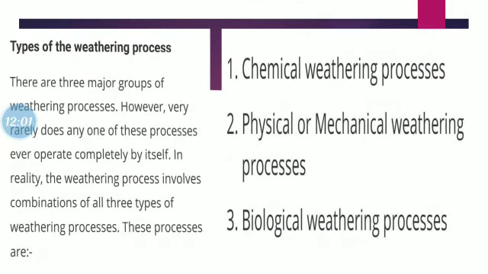Types of weathering process. There are three major groups of weathering processes. However, very rarely does any one of these processes ever operate completely by itself. In reality, the weathering process involves a combination of all three types: chemical weathering, physical or mechanical weathering, and biological weathering.